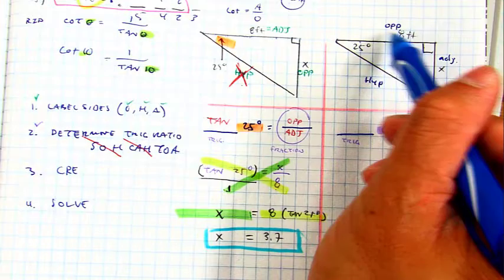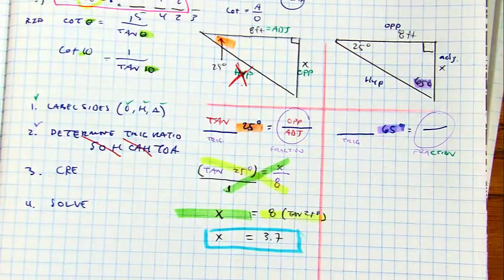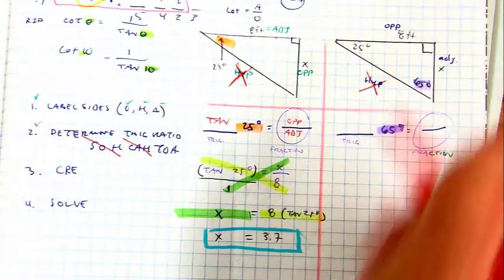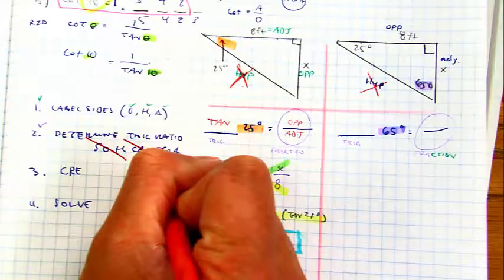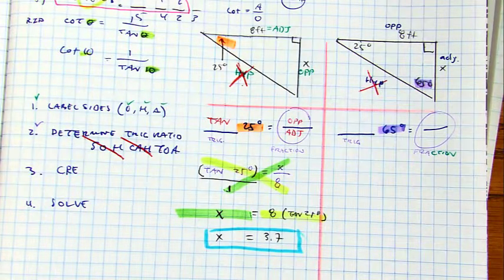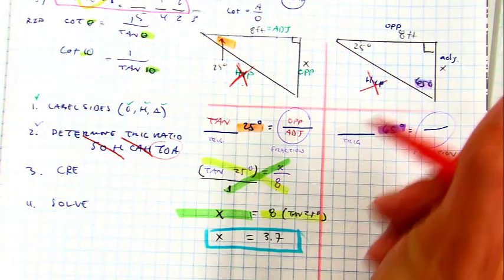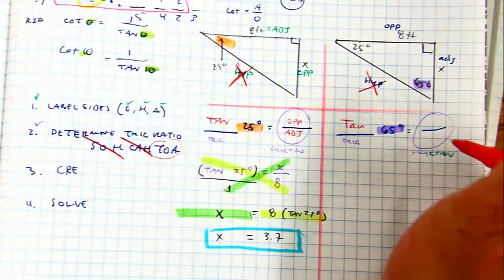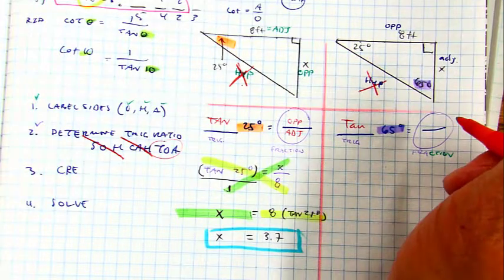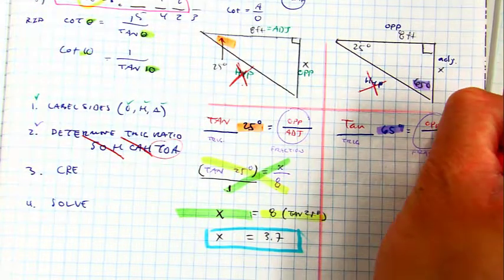Jacqueline, which one of these do I not need? Which one doesn't have a number or a variable? So Jacqueline, which trig ratio are we going to use? We're going to use tangent. Tangent is which two sides, Jacqueline? Correct.